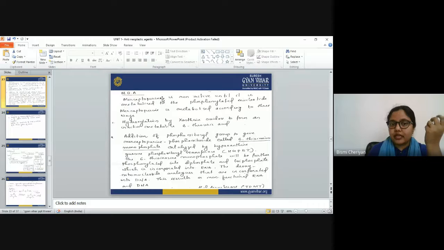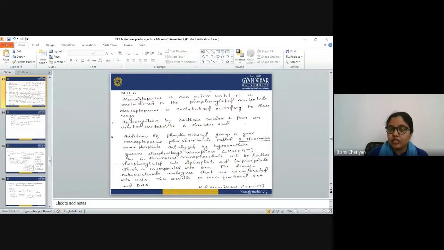The metabolite of mercaptopurine is the active drug. Mercaptopurine is non-active until it is metabolized to the phosphorylated nucleotide, which is the active drug for anti-cancer treatment.